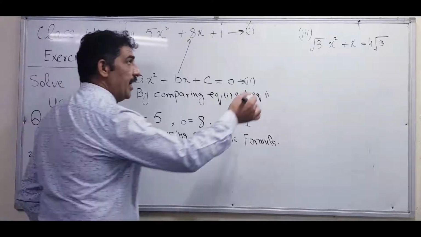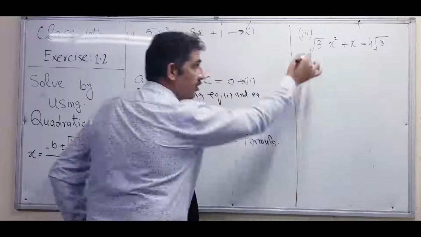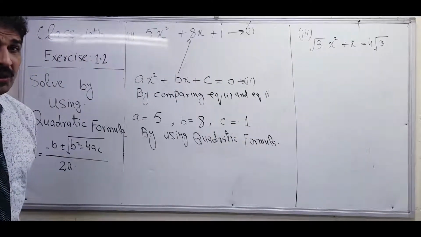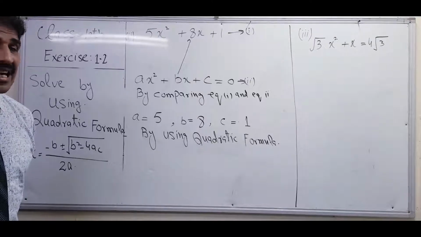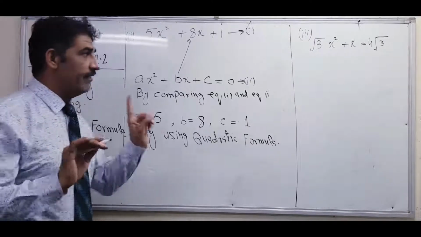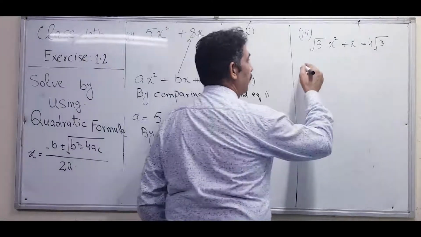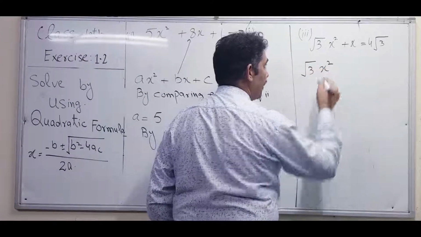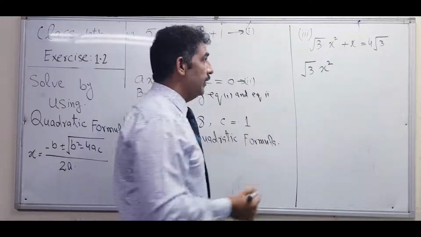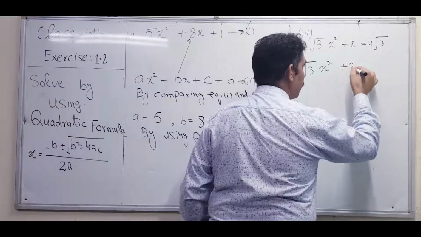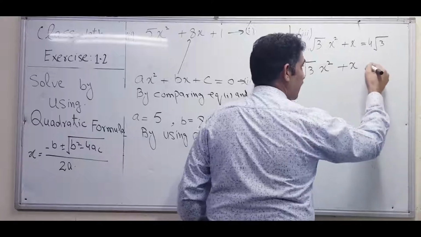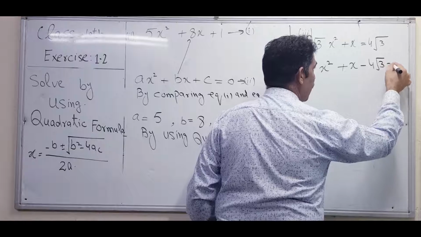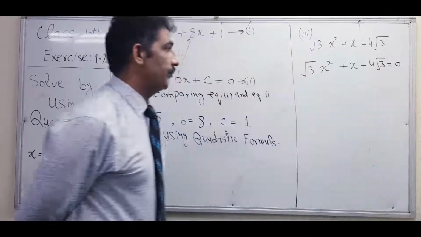And group A, you will solve this part. Here, what is the first step? Make it in standard form. So I am helping with one step for you, and the remaining steps you will solve. 3 root x square will remain the same, plus x, and when shifting to the other side, minus 4 root 3 is equal to 0.